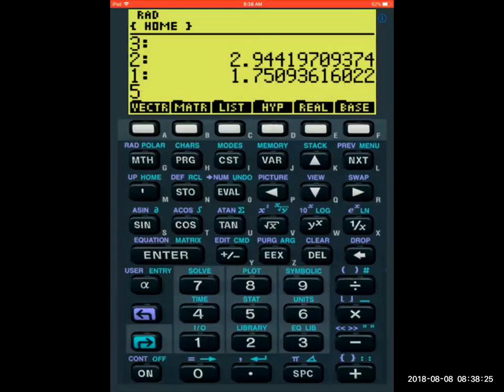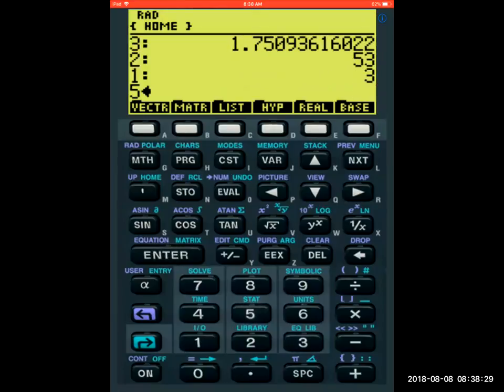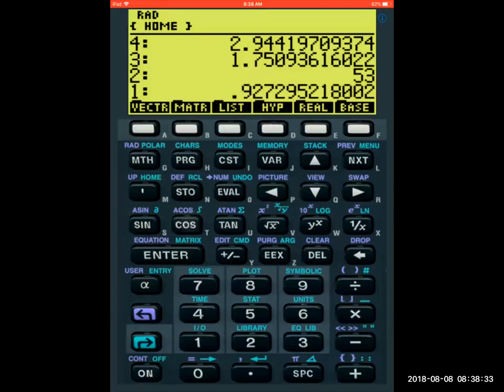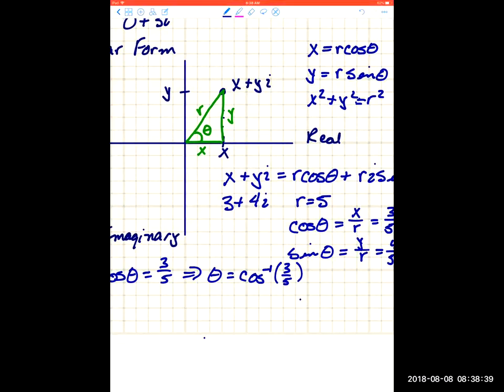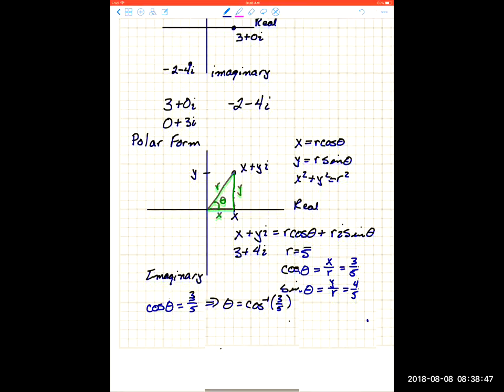Oops, sorry. Of 3/5, which is 0.9273. Lots of stuff is unhappy.